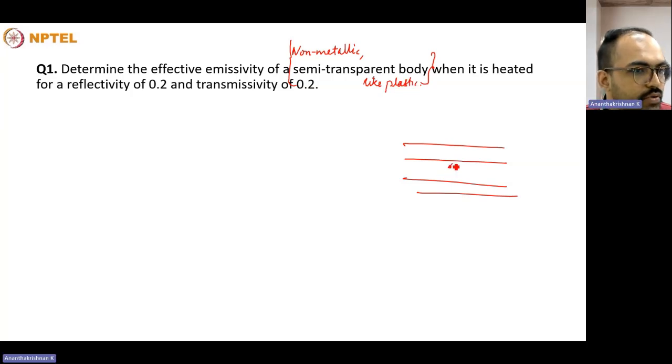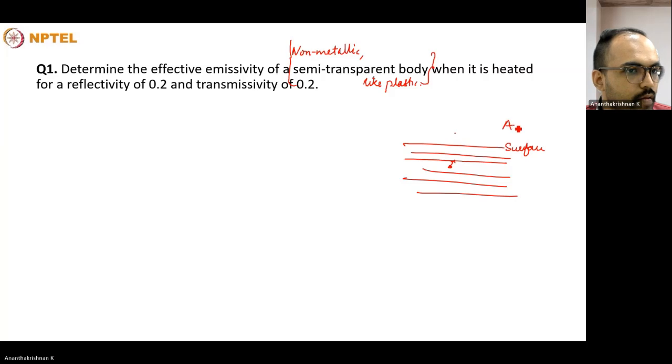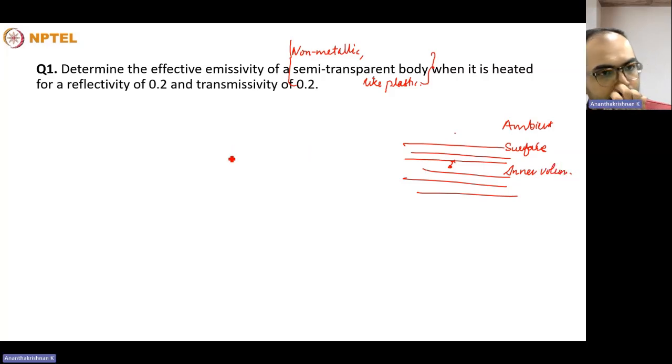The radiation produced will reflect from the interface between different layers before reaching the surface. Every layer will have its own reflectivity and transmittivity.